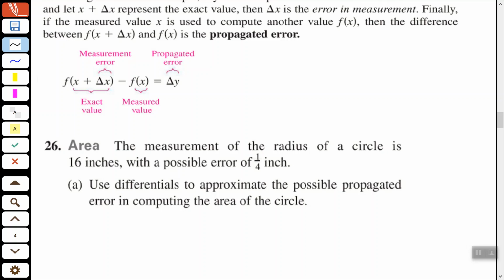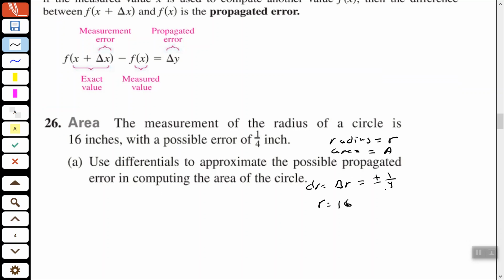So let's let r equal radius, and let area equal A. So delta r, or the change in radius, the measurement error, is 1/4 of an inch, and the radius we know is 16 inches.